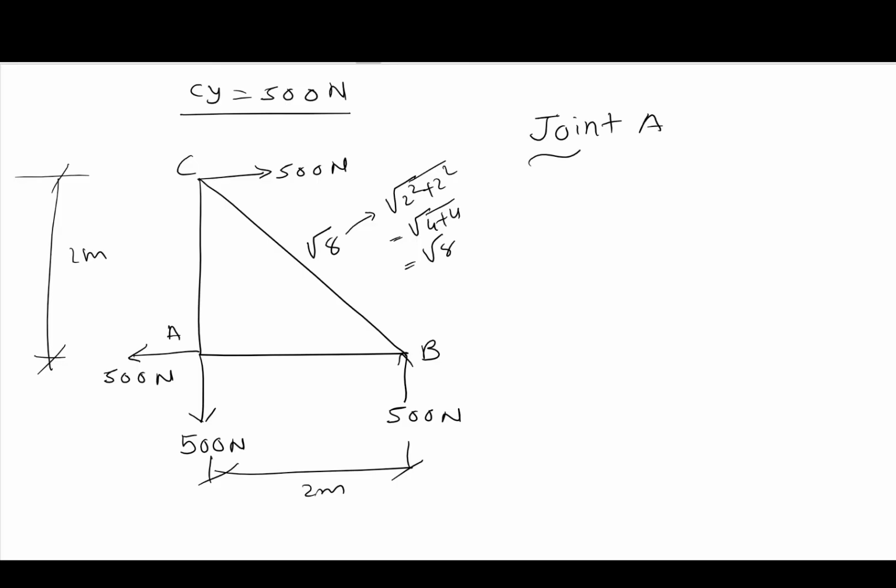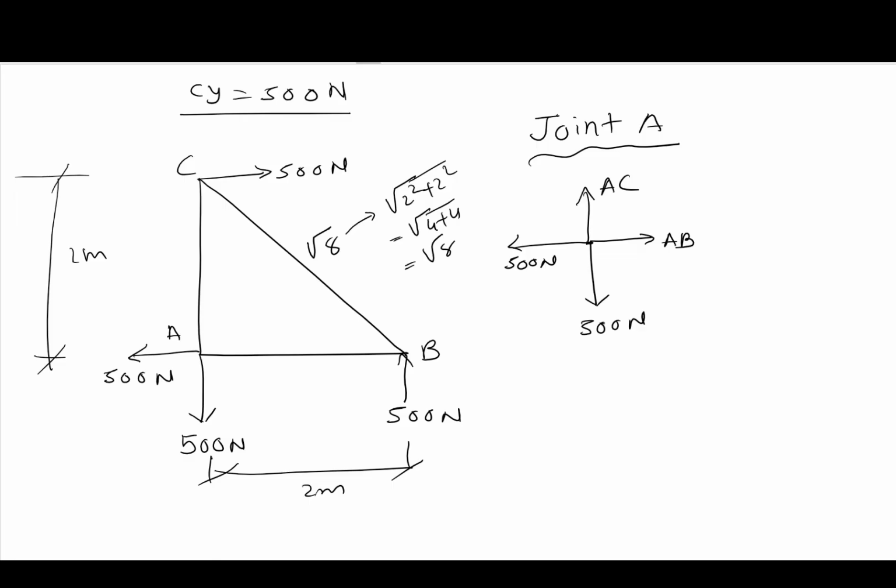So at joint A, we can draw the joint here, which has a 500 Newton, this one is AB, and this force is AC.